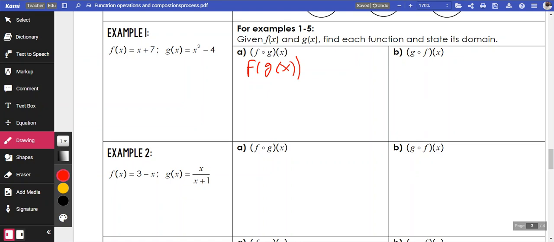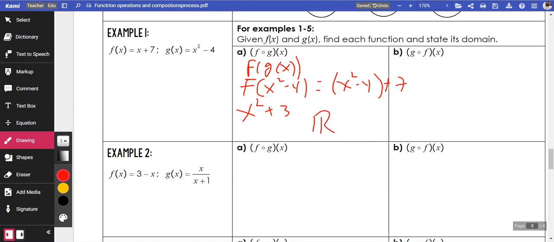So I'm going to find f of x squared minus 4. I'm going to put in x squared minus 4 in place of x. When I do that, I get x squared plus 3. Now, that's a polynomial, so its domain is all reals.